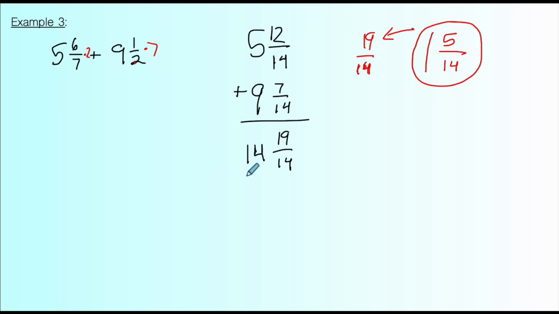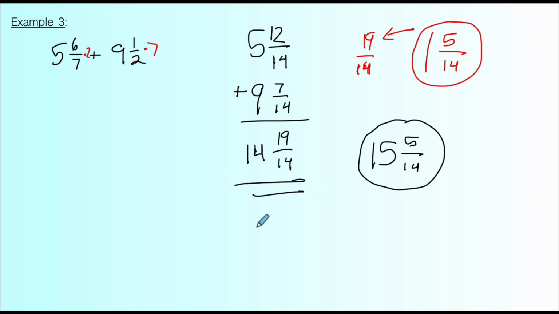And now I'm going to rewrite this final answer just a little bit differently. Instead of 19/14, I'm going to use 1 and 5/14. So my whole number goes from 14 plus the whole number 1 here to 15. And 19/14, the leftover part, was 5/14.